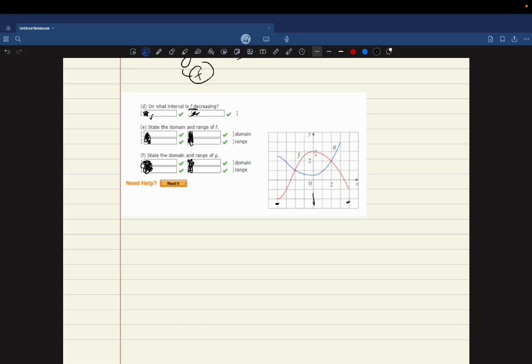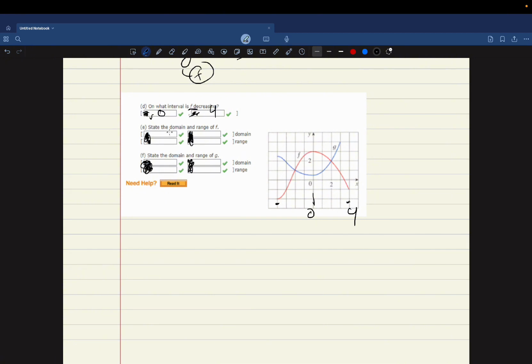And from this point to this point it is decreasing. So you can say from 0 to 4, since this is 3 and then this is 4, it is decreasing. So here we can input 0, and here you can input 4.